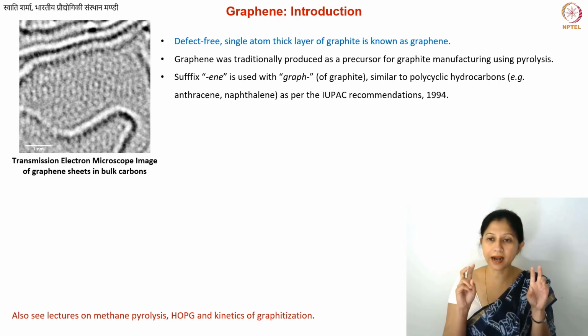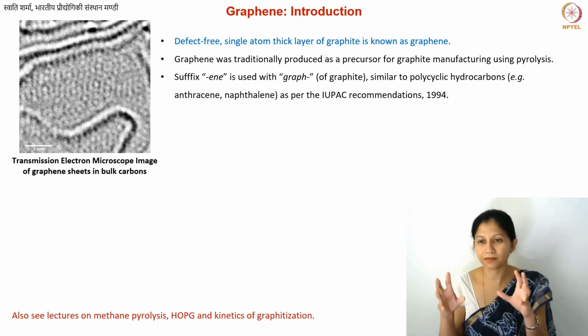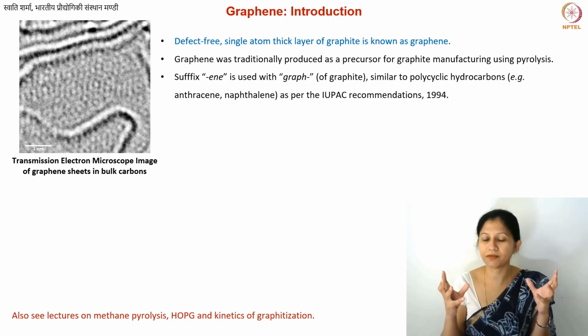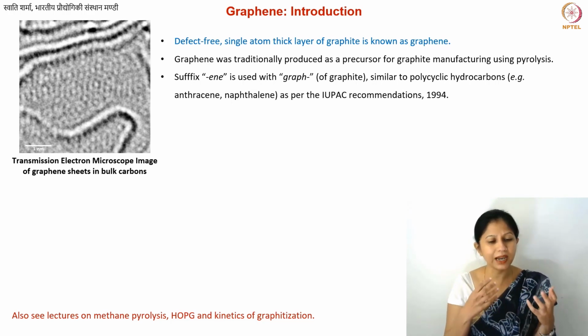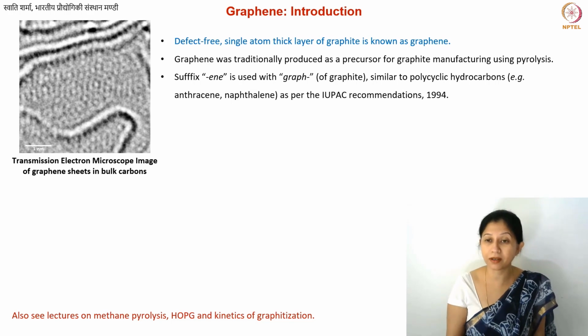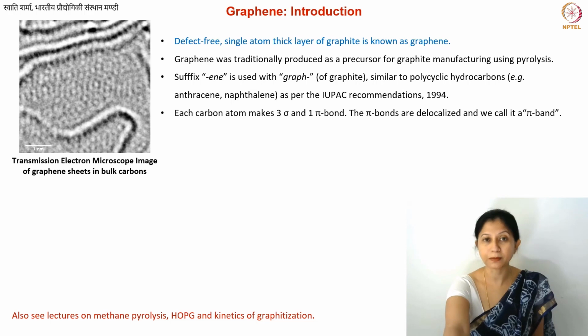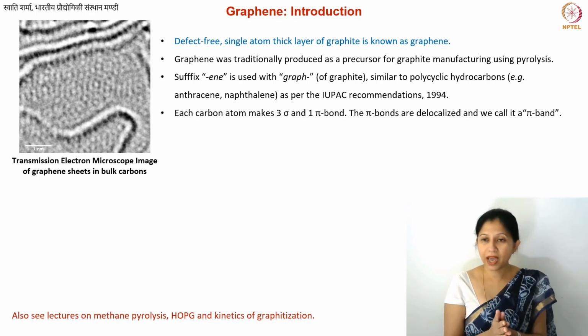And graph comes from graphite. So we started using this term graphene. However, only in the early 21st century did we start using it more extensively, more commonly. But the term can be found in the literature also after 95.